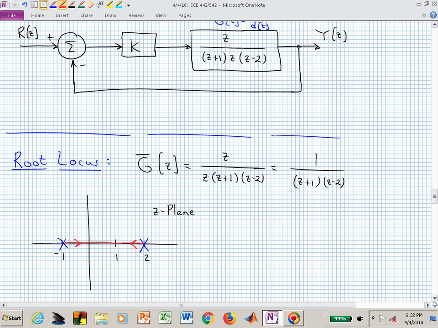Where are they breaking away? Halfway between those. And now I have -1 and 2, so I can split 3 to give me 1.5, and now I just go 1.5 to the left of 2 or 1.5 to the right of -1. So now I'm at 1/2, and there's where I'm at.